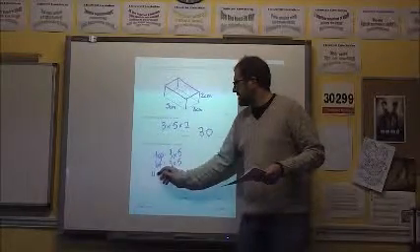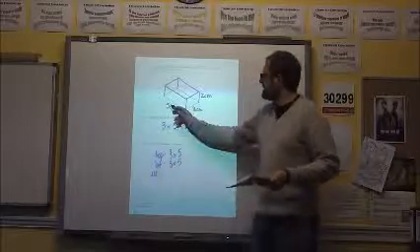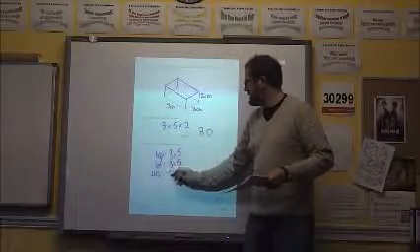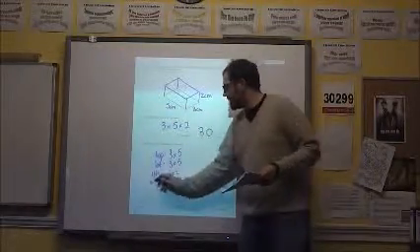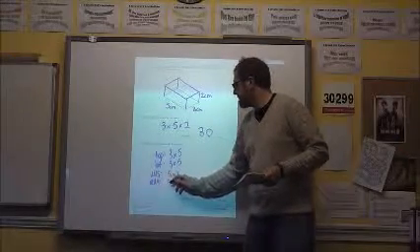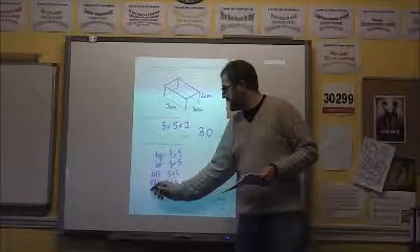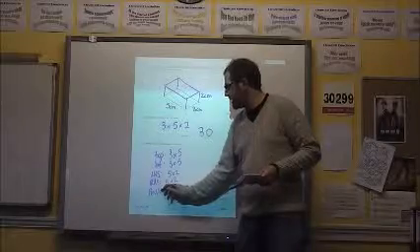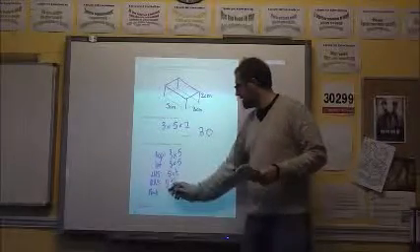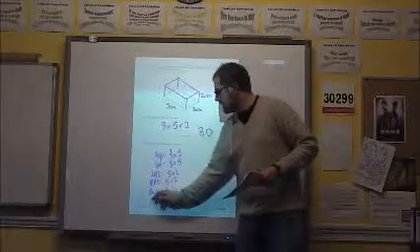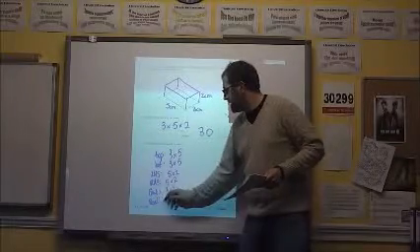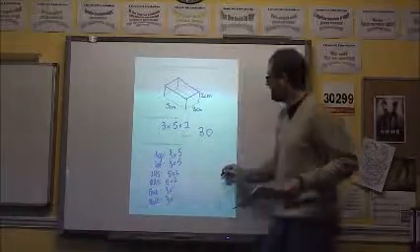We've got the left hand side, which is 5 by 2. The right hand side is the same. And then we've got the front side, which is 3 times 2. And then we've got the back side, which is also 3 by 2.